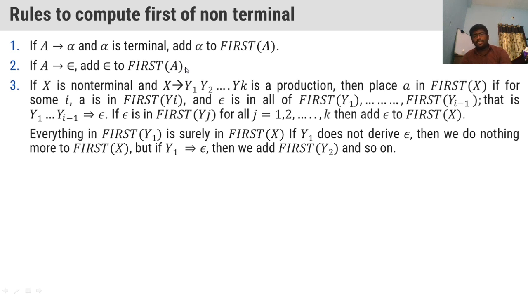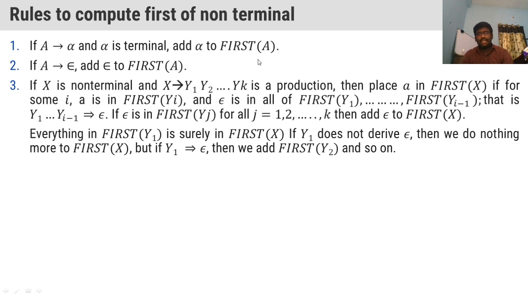If epsilon is present on the right hand side, then we will directly add that epsilon to the first set of A. And if alpha is present, directly that alpha is added to the first set of A. Whether alpha is present or epsilon is present, we will simply add that symbol to the first set. These are the two rules we are having.